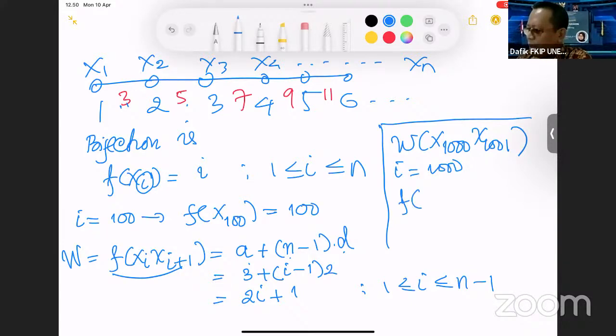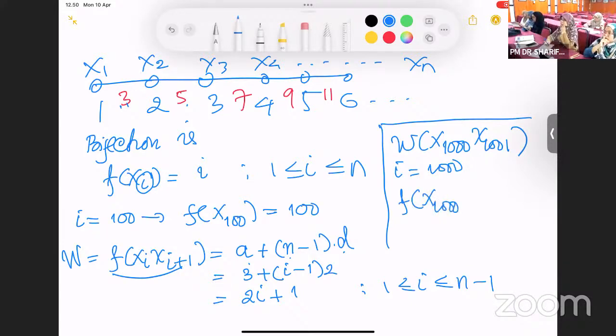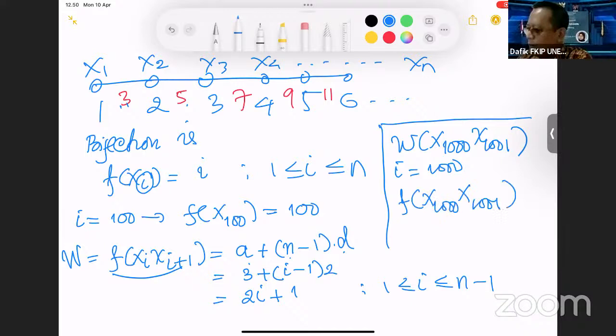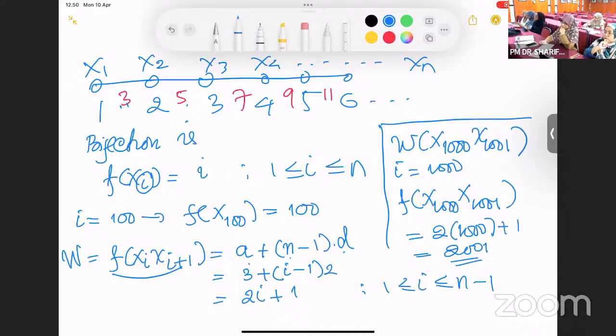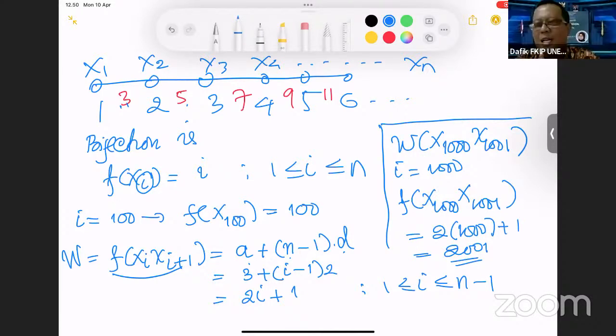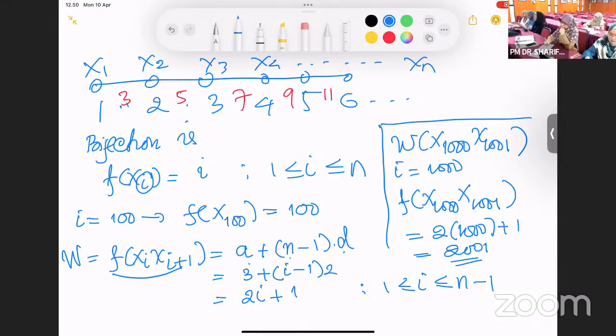So when we have 1,000 and 1,001, then 2 times 1,000 plus 1. So you have 2001. Understand? That's the edge weight on x1000, x1001.